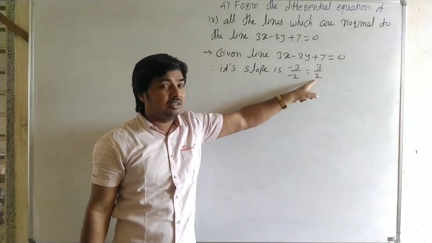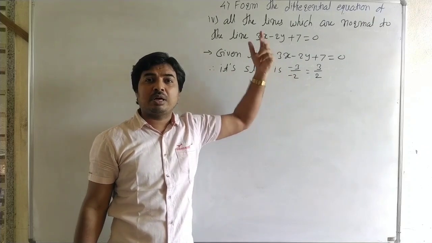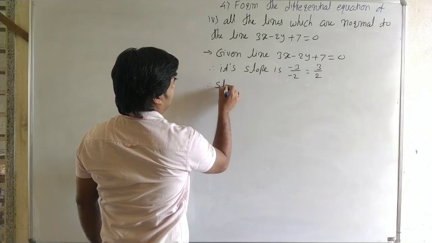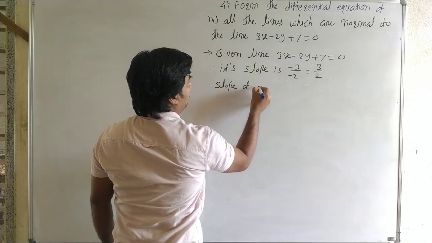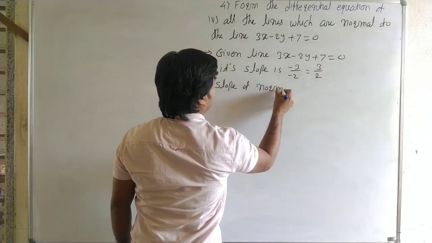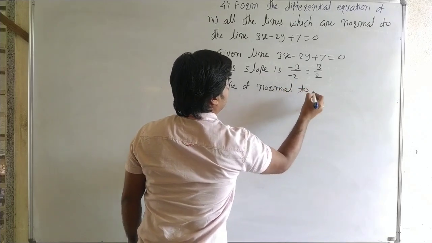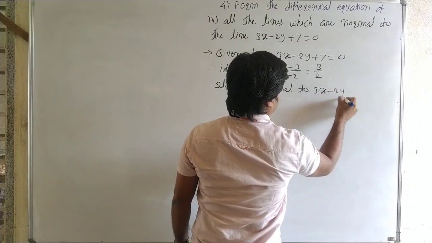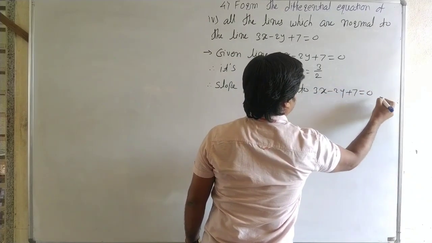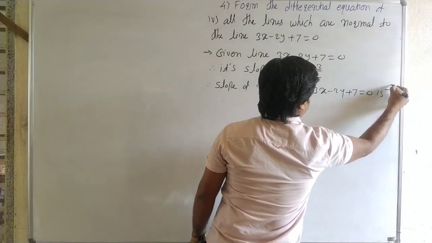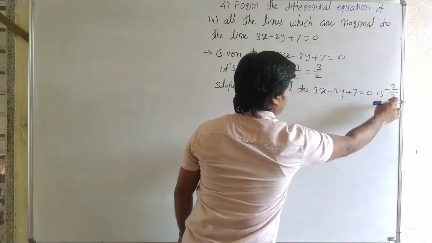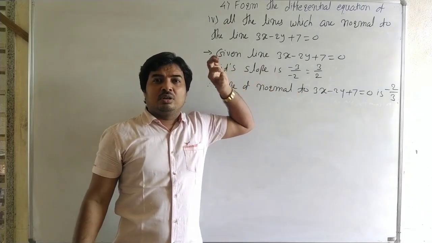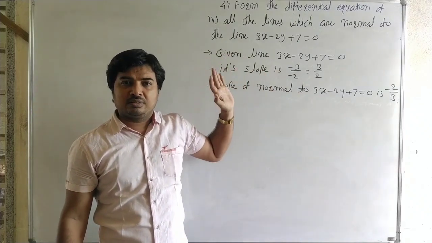The slope of the normal to 3x minus 2y plus 7 is equal to 0 is minus 2 by 3. Here we use the condition for the slope of perpendicular lines.